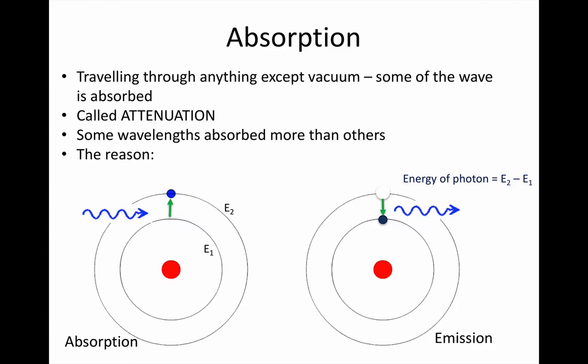So it takes one particular frequency of light to provide the exact energy to make the electron jump from level 1 to level 2. And that same frequency of light that has the exact same energy will be emitted when the electron jumps from level 2 to level 1.